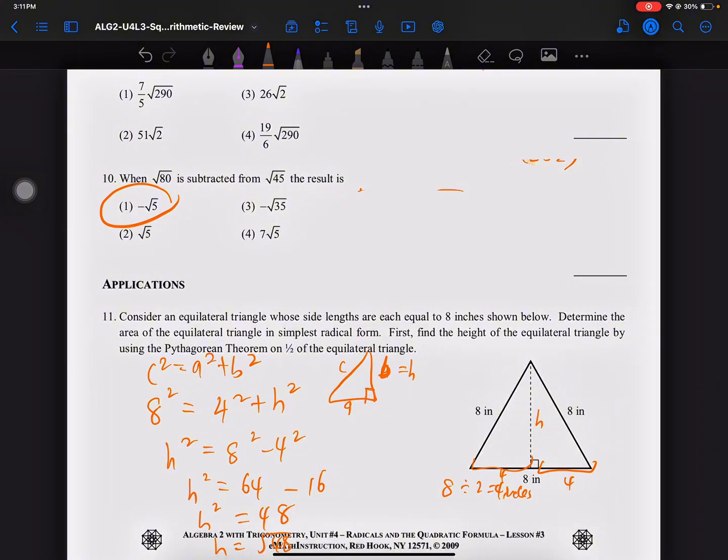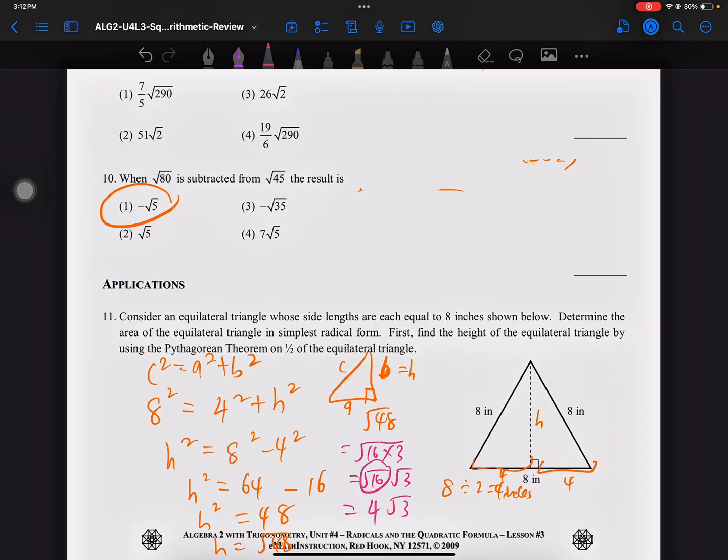Next, we need to simplify √48. √48 is √16 times 3, which is √16 √3. This is a perfect square, so 4√3. So our height will be 4√3 inches.